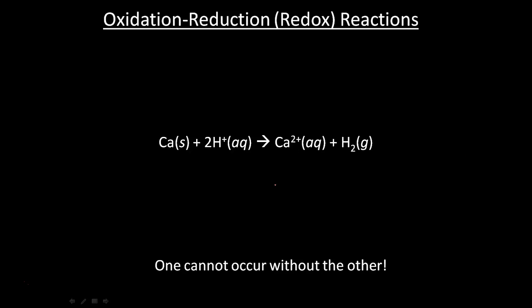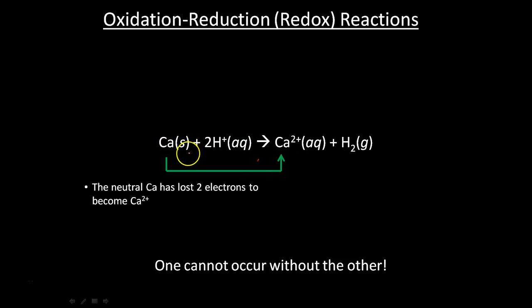So let's look at a form for this and see how this works out with a balanced chemical equation, how you can identify this using a balanced chemical equation. If you consider the equation below, what you have here is a neutral calcium going to a calcium 2+. Well, the only way that can happen is if this calcium atom loses 2 electrons.